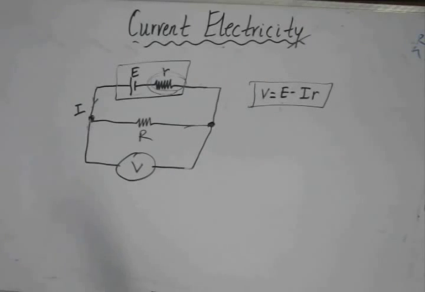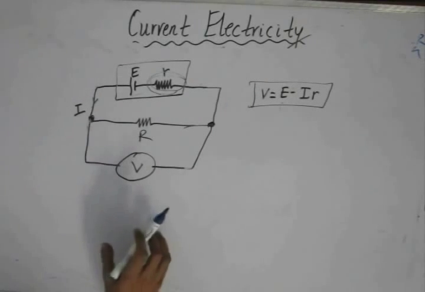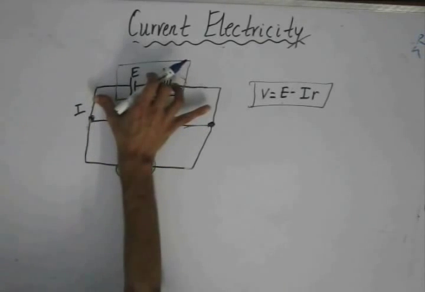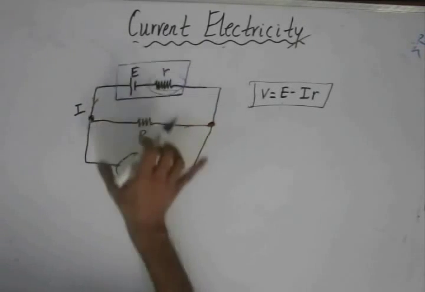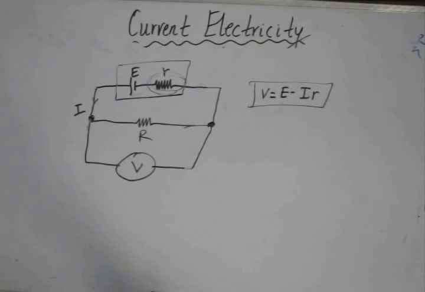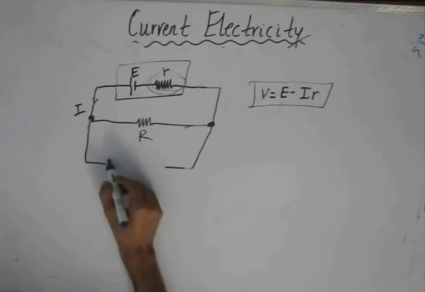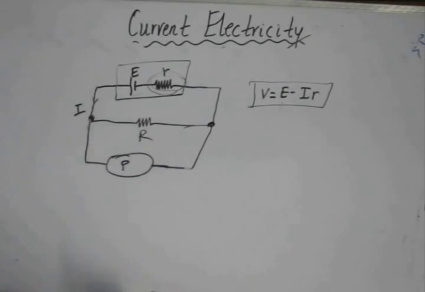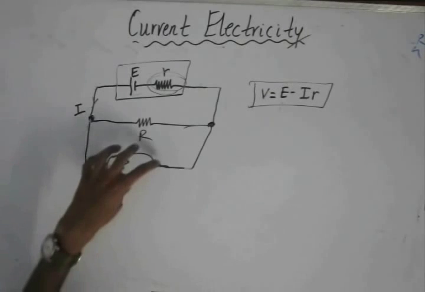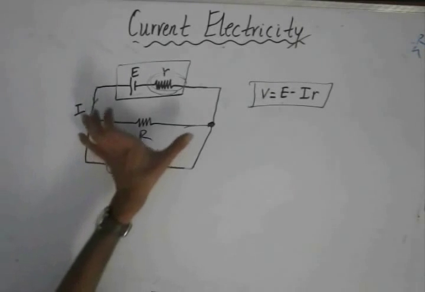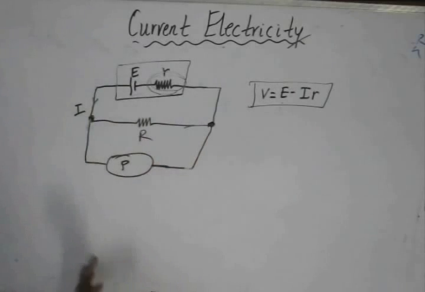Now, if we use a potentiometer to measure the potential difference across the cell, in place of the voltmeter we connect a potentiometer, which I represent by the symbol P. This is used to measure the EMF of the cell.